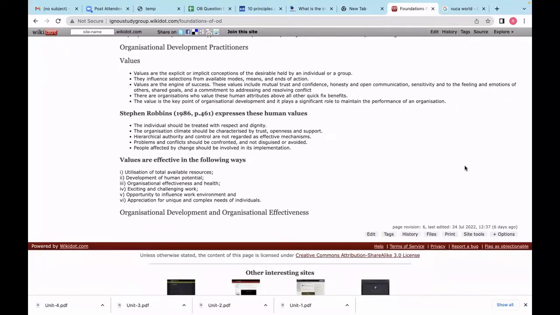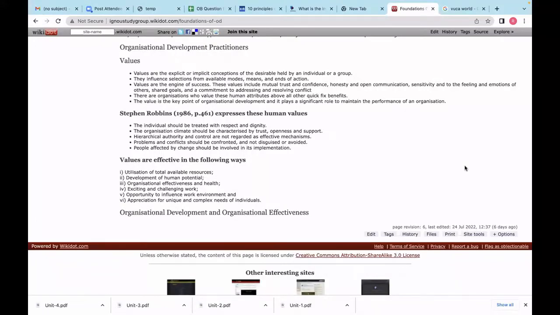So now we are talking about practitioners. To some extent, we talked about practitioners when we talked about the consultants. Here, the main part we are talking about is the values of the practitioners. This deals a lot with culture. If you remember, even in OB, when it comes to behavior management, we talked about the ethical problems, right?